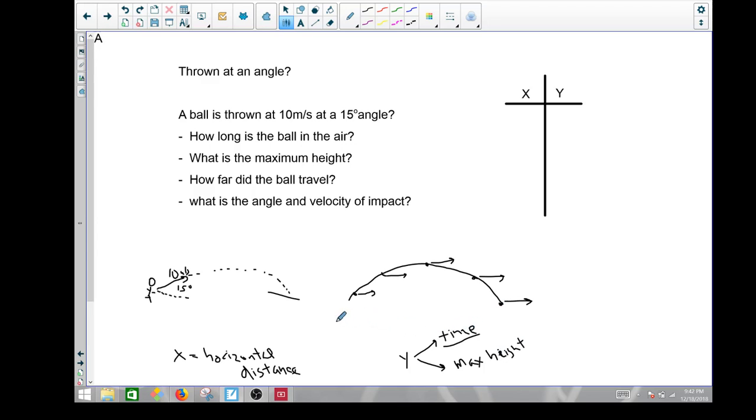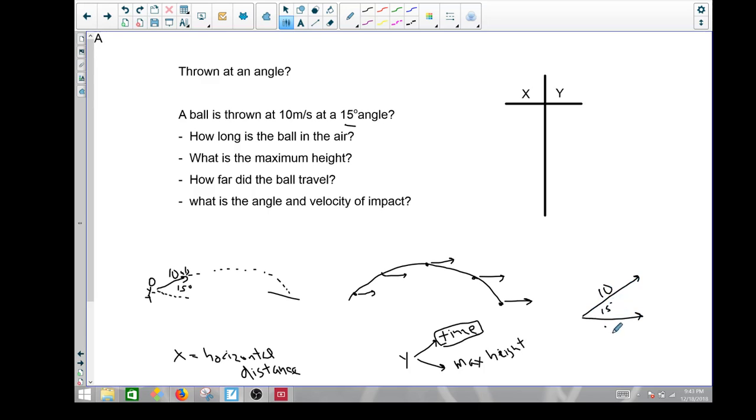I always say the first thing I want to find is time in the air. But when I'm looking at something that's got an angle like this, the first thing I do is break my angle into components. So let's do that right here. I have a magnitude of 10 and an angle of 15 degrees.